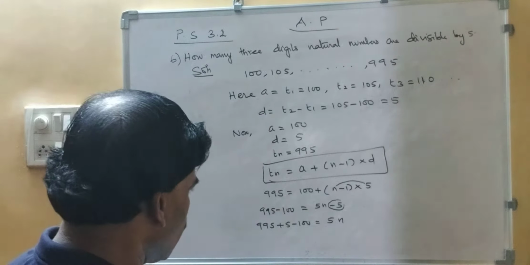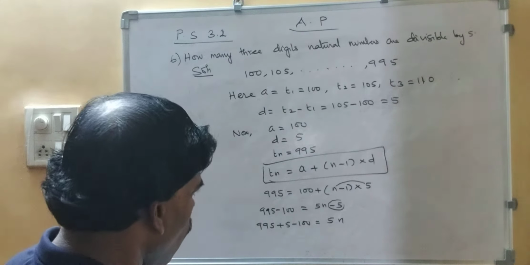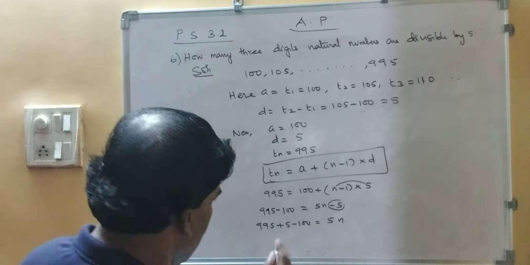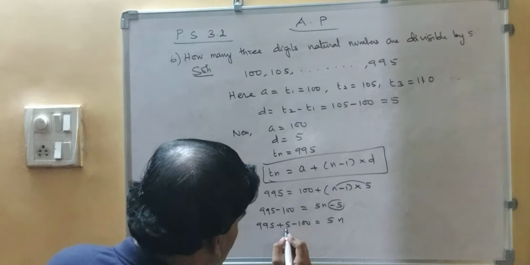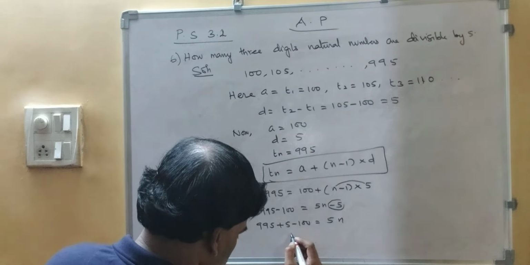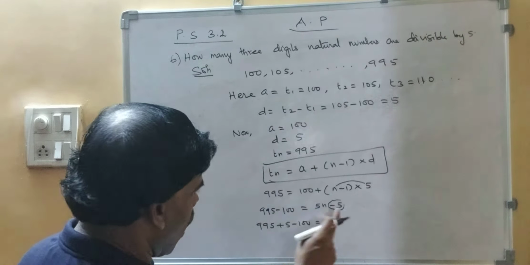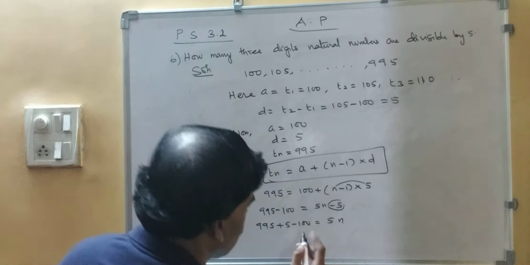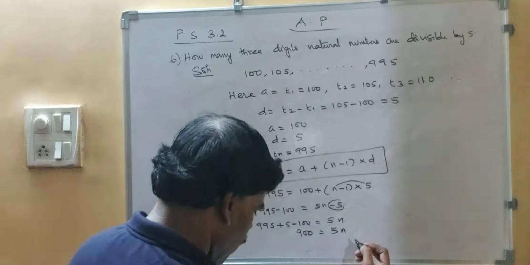Now, look at this. 5n minus 5 equal to 995 minus 100. So, see here how it will be. 995 plus 5. How much is it? 995 plus 5, so 1000. 1000 minus 100, 900 equal to 5n.